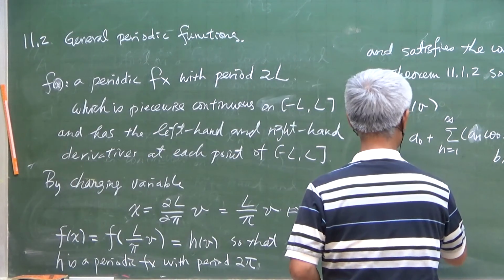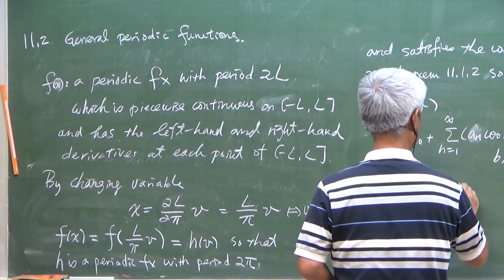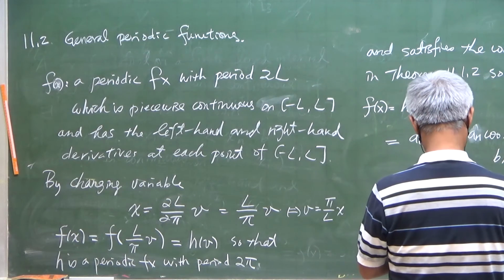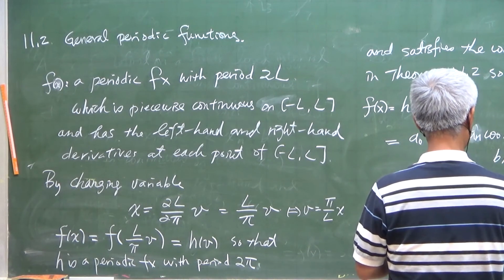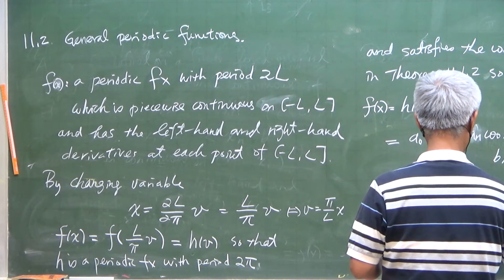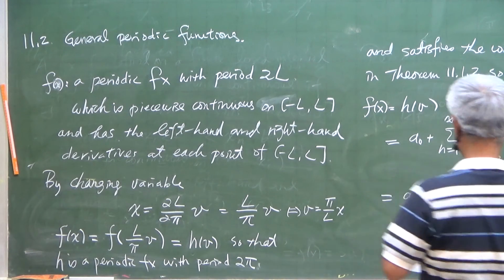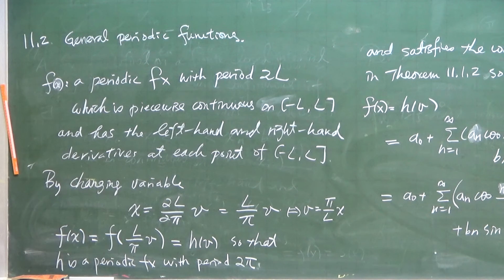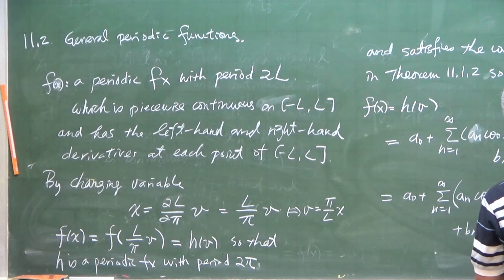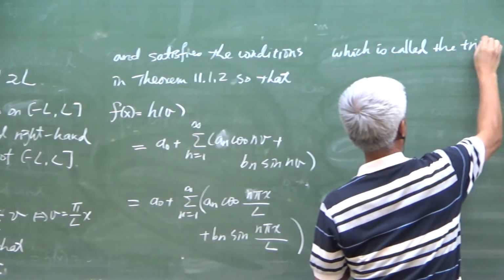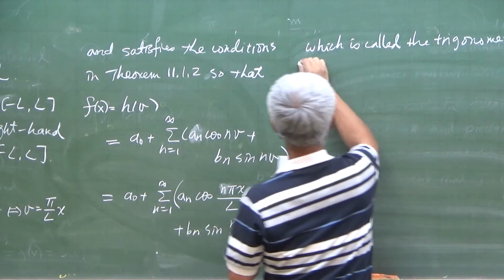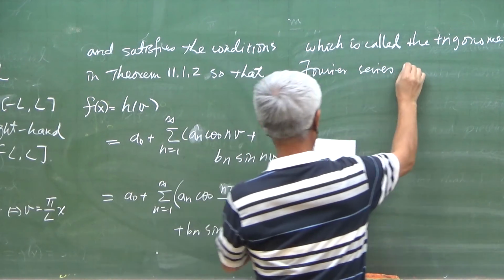So now we have a0 plus summation of an cosine n pi x divided by L plus bn sine n pi x by L. Right, and this is called the trigonometric Fourier series.